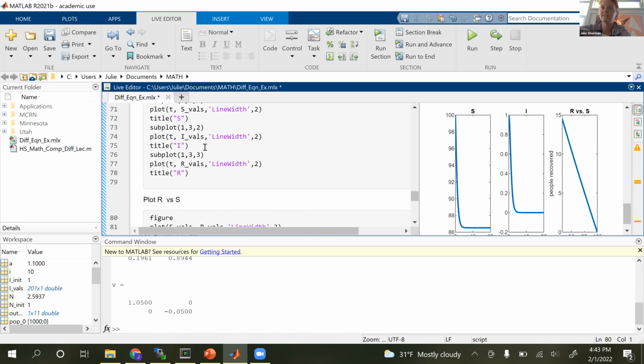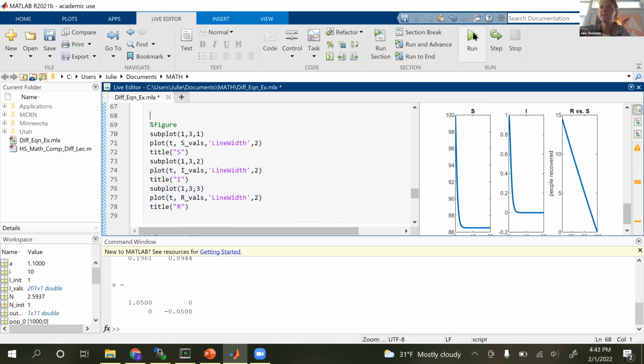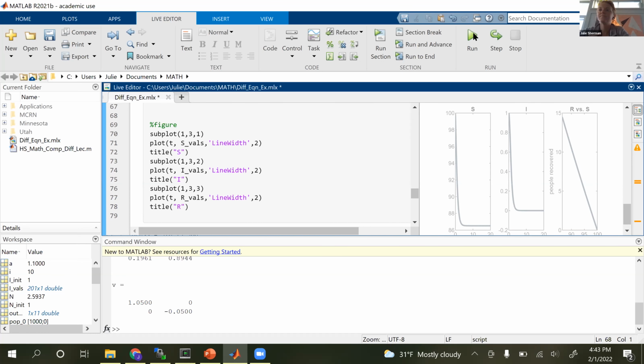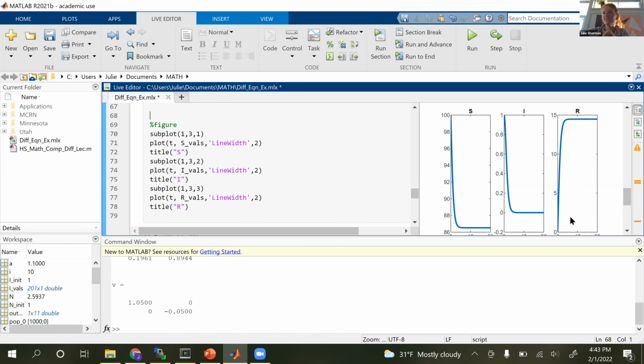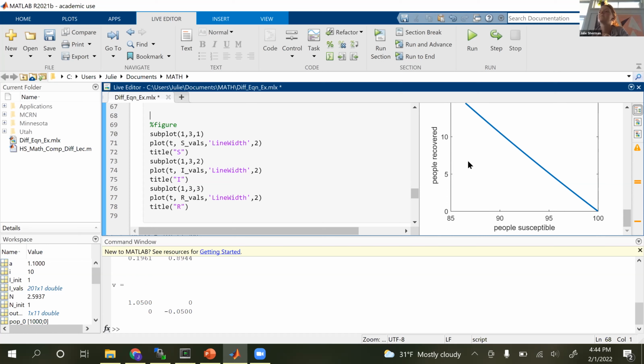This last subplot should just be R versus T. So let me rerun that. Okay, and now we can look at R versus T. We end up with something like 14 people recovered. We can look at R versus S to see maybe how those things are related, the number of people recovered versus people susceptible.